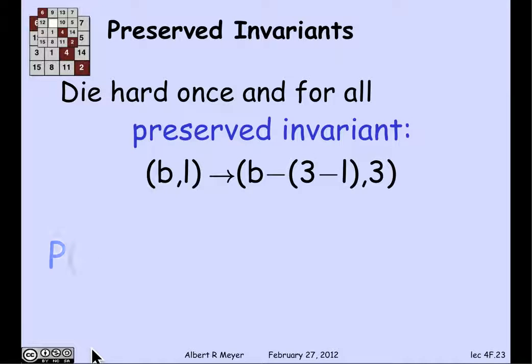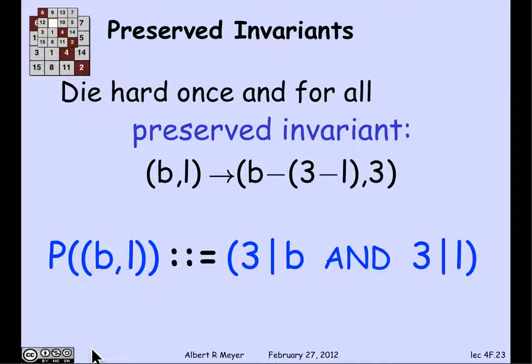And if you look at this now, clearly if 3 divides both B and L, both components of the state you're at, then in the new state, 3 obviously divides the contents of the little jug, which is 3, but 3 also divides the contents of the big jug, which is a multiple of 3, namely B, minus 3, which is a multiple of 3, minus L, which is a multiple of 3.